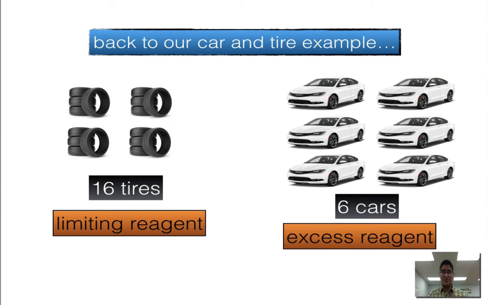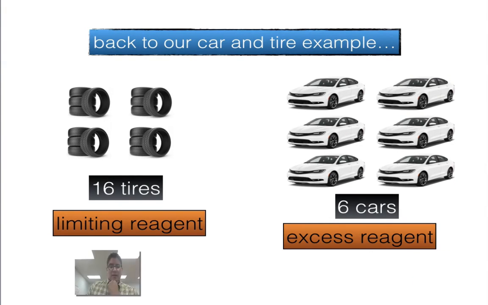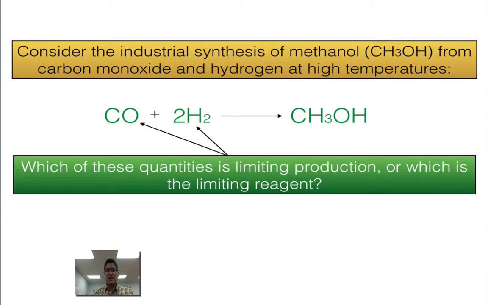If I go back to my car example, my tires were my limiting reagent because they limited the amount of cars that I could put together. I ended up with 2 car bodies in excess, so the car bodies were my excess reagent. Again, whichever one of these two, carbon monoxide or hydrogen gas, produces the least amount is the limiting reagent, just like the cars and the tires. The tires limited the amount of cars I could put together, which was 4.